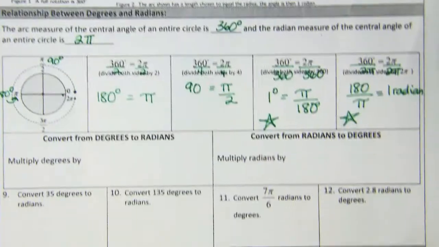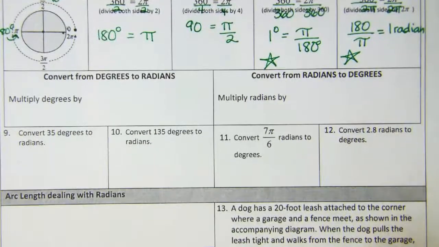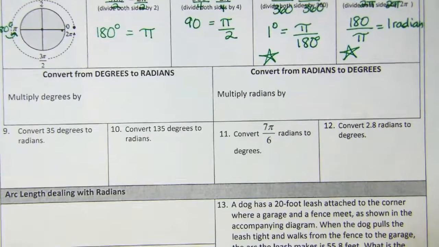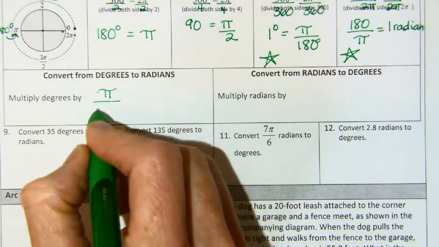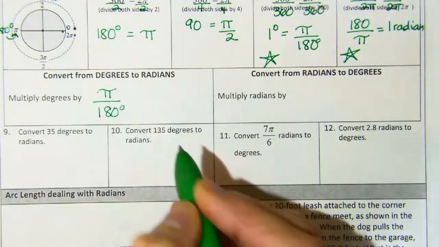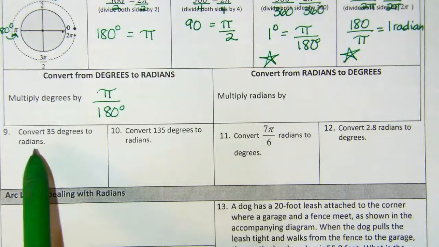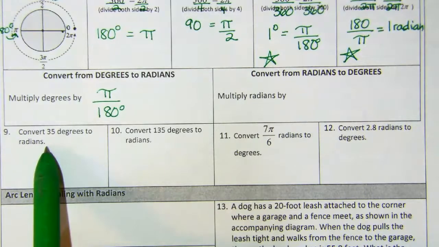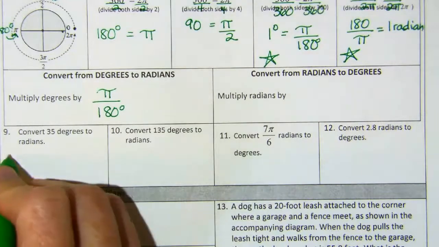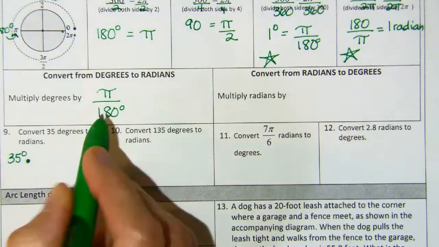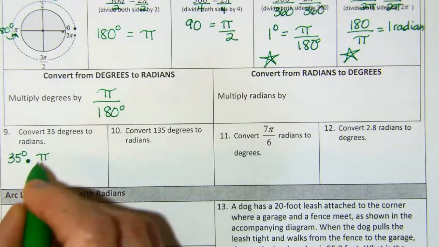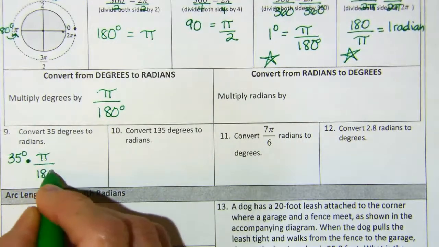Now, if we look at how to convert from degrees to radians, we simply are going to multiply by pi over 180 degrees. So, question 9 says convert 35 degrees to radians. So 35 degrees times this conversion factor, pi over 180 degrees.